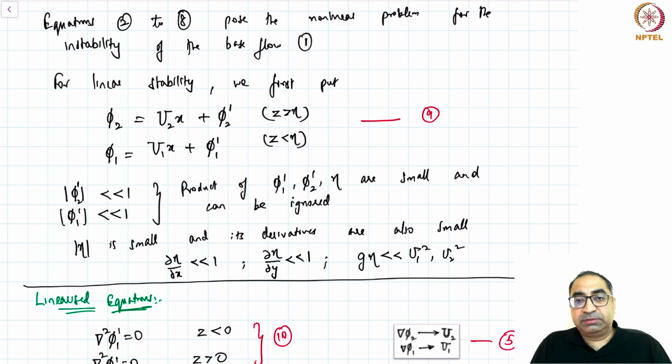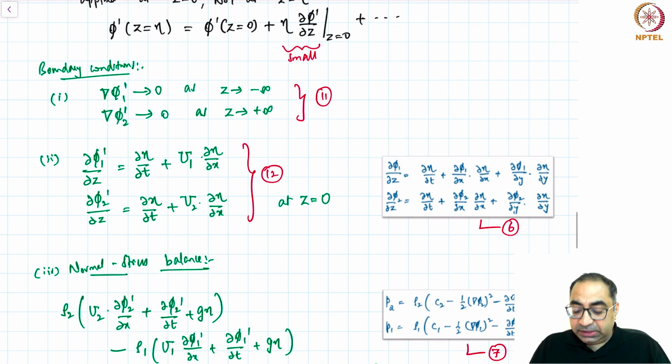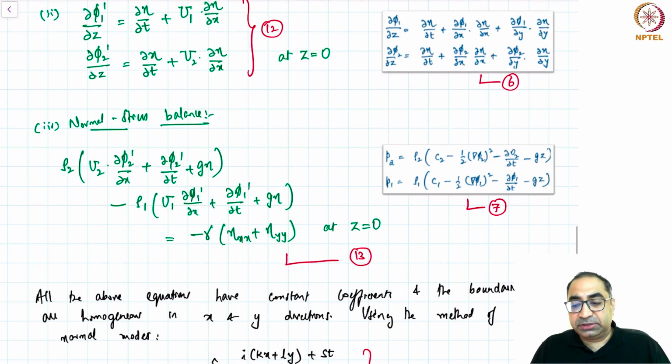We linearized all the quantities, especially the velocity potentials, by assuming a simple form for the perturbation, where the total velocity potential is equal to the base quantity plus a fluctuation quantity, and the fluctuation quantities are all shown with the prime notation.